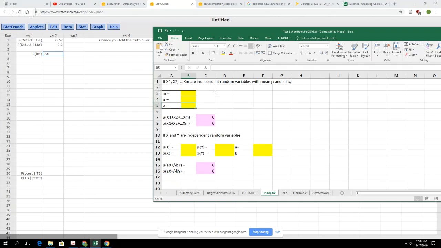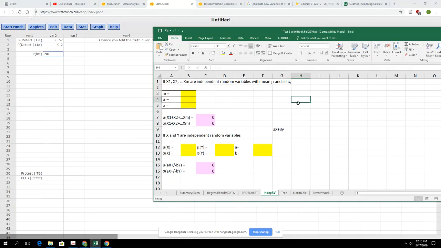This is rarely the case, though. In most cases, we're down here where we are adding two random variables, right? And we're doing it by the formula ax plus by, right?